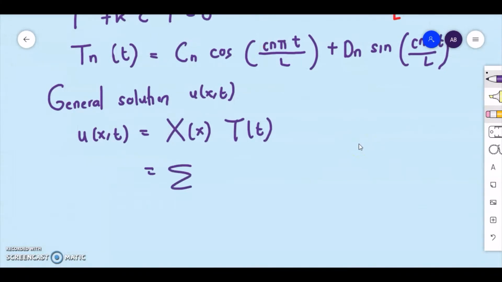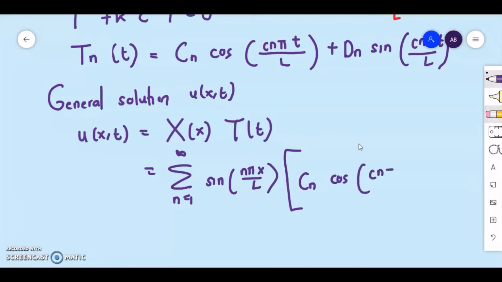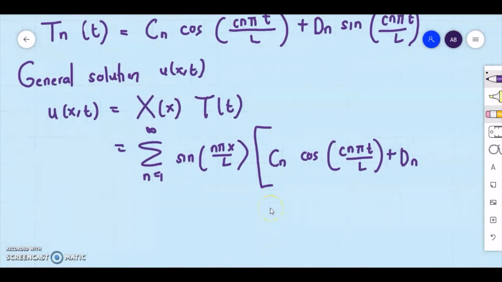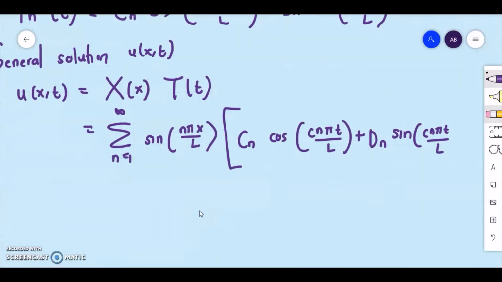So I have earlier on for my x, sine(nπx/L), and then my t term here, cos(cnπt/L) plus d_n sine(cnπt/L). Okay, so this is what you got, the general solution.